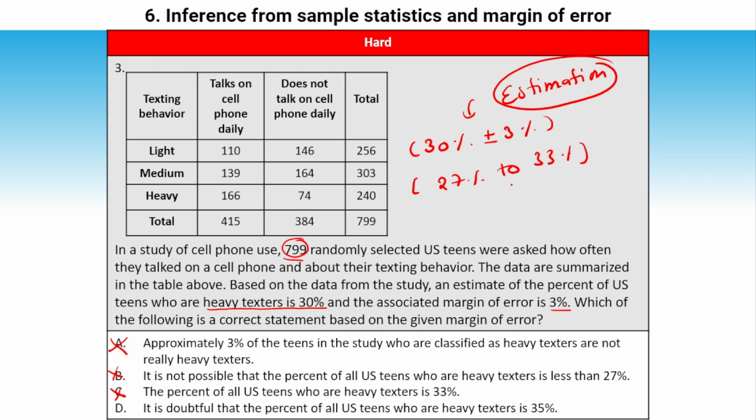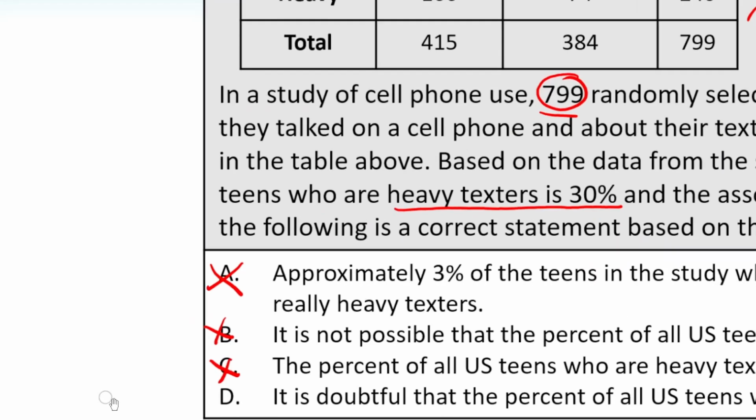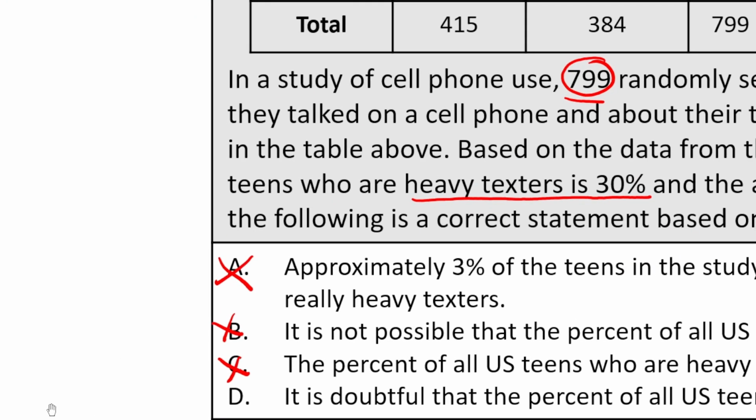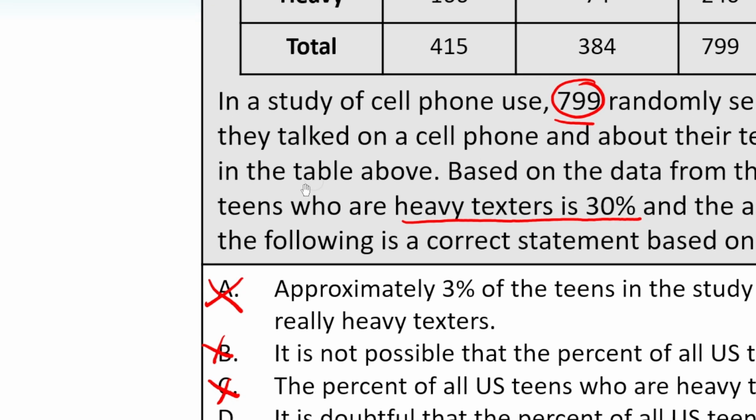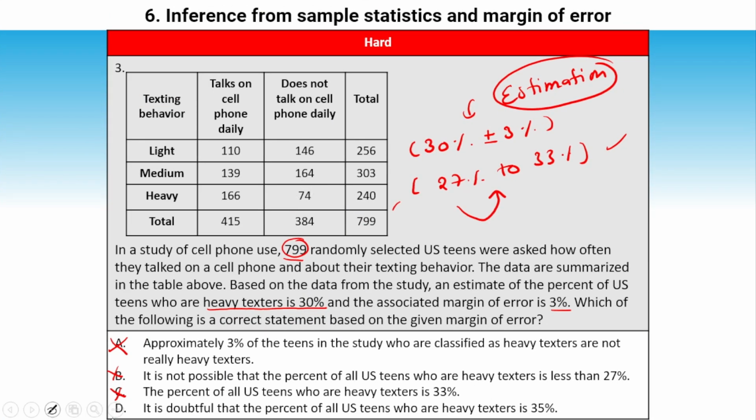Because it is likely to be between these values, so we can doubt that it lies above or below this. So D is the correct answer.